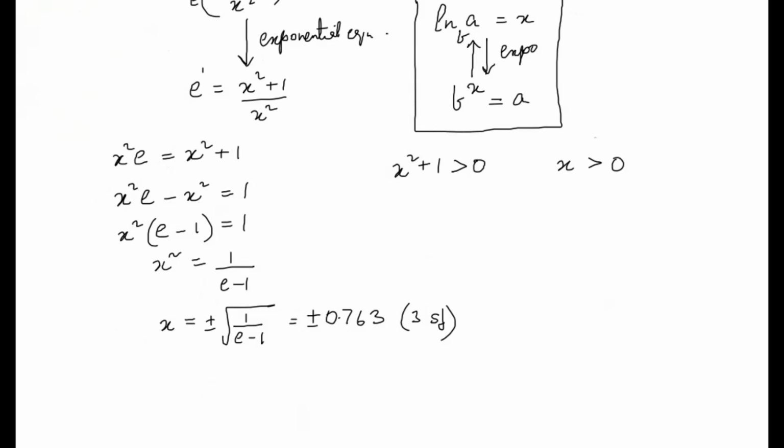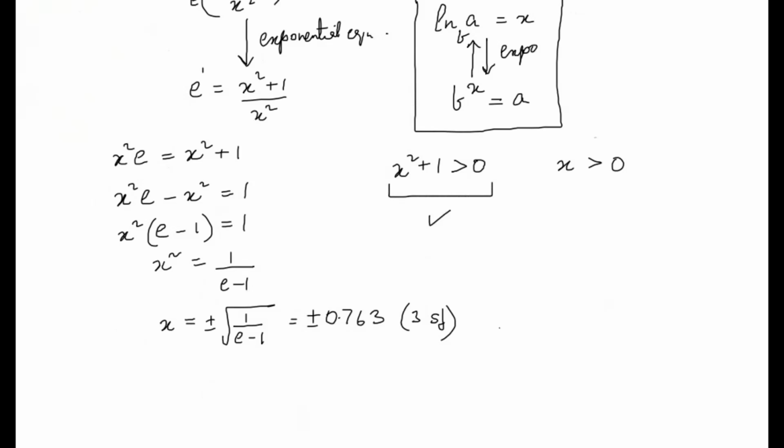Now, x squared is always going to be positive because it's a square term, and if you add 1 to it, it's still positive, right? So either negative 0.763 or positive 0.763 would work for this equation, right? However, x has to also be greater than 0. In that case, negative 0.763 would not work.